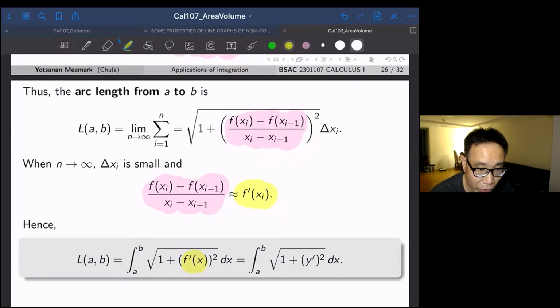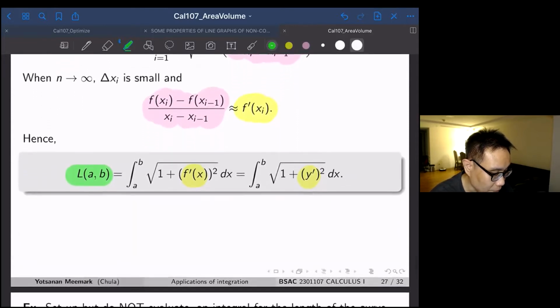So you have the integral from a to b of the square root of 1 plus the slope squared dx, which is the integral from a to b of the square root of 1 plus y prime squared dx. This is the formula for the arc length from a to b, L AB.